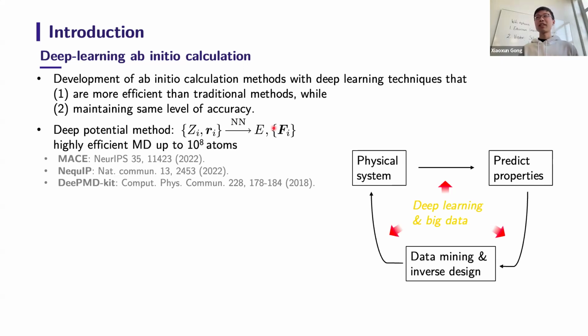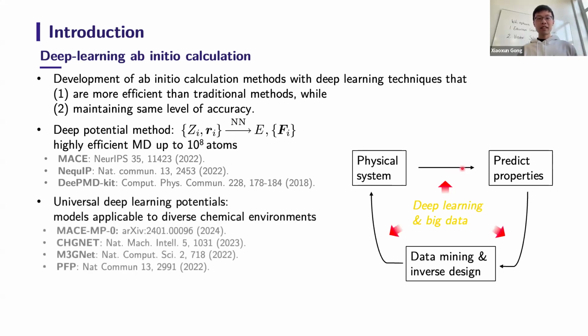And of course, we can also relax the structure to find the optimal atomic configurations. This is the first step of using deep learning and big data to predict the properties of physical systems.